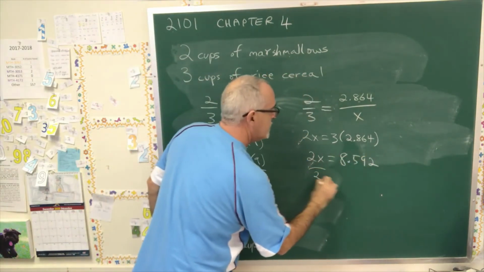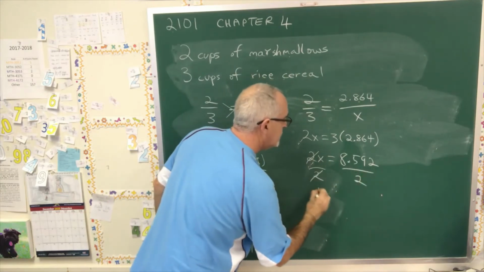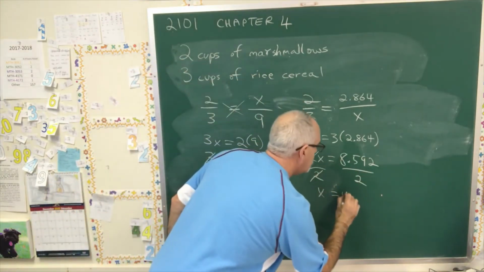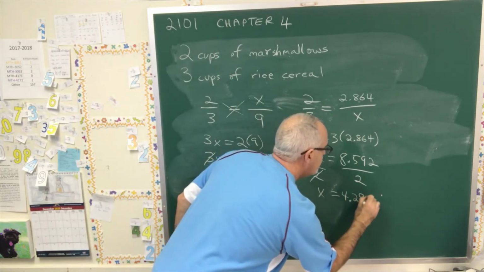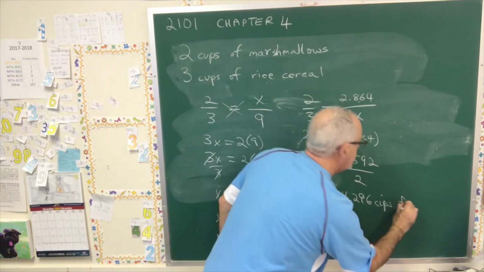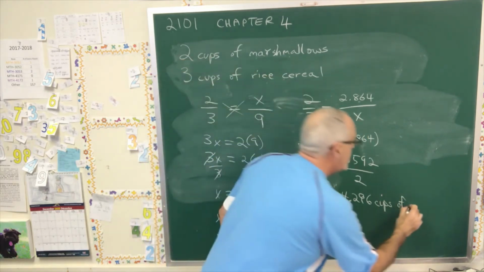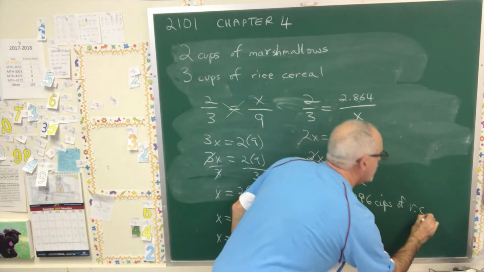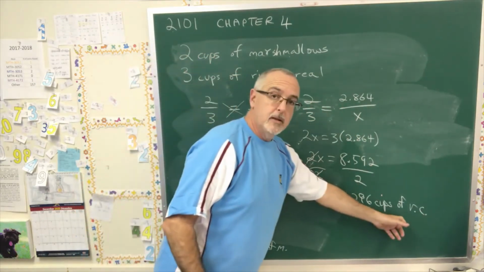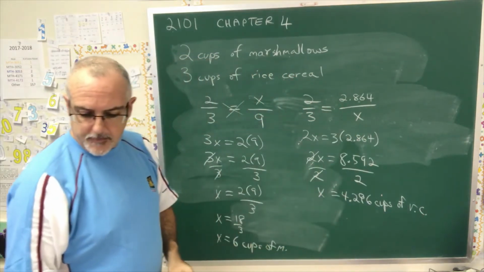Now I'll divide both sides by 2. Cancel, cancel. X is equal to 4.296 cups of, in this case, it was rice cereal that I was being asked for. Remember to do this. This is applying your unit of measure.